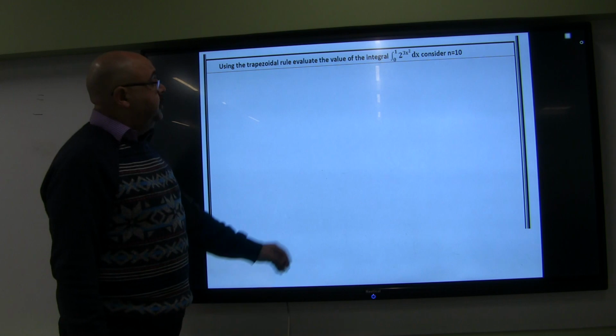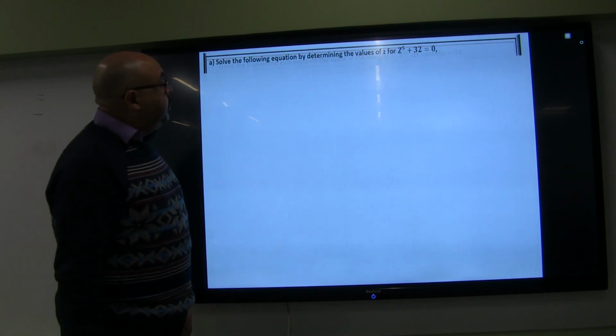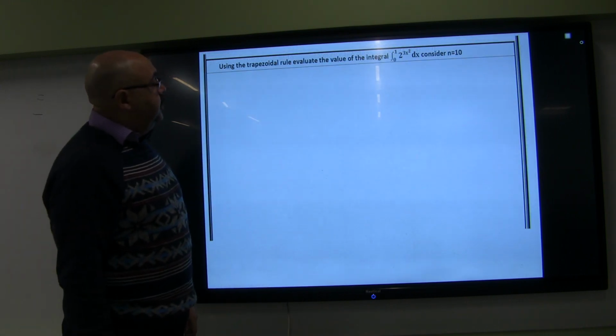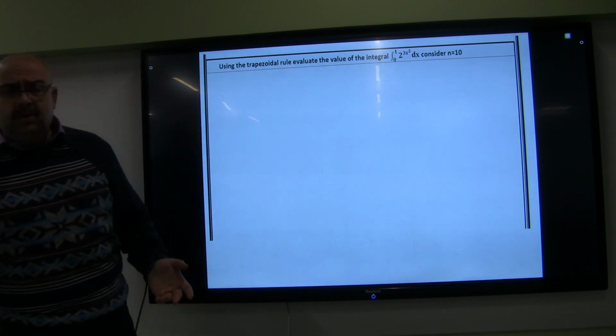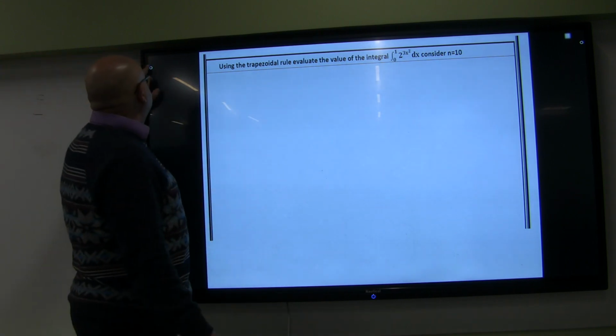One of the major points is to find an integration for this function using the trapezoidal rule, which is also a very simple problem to solve.